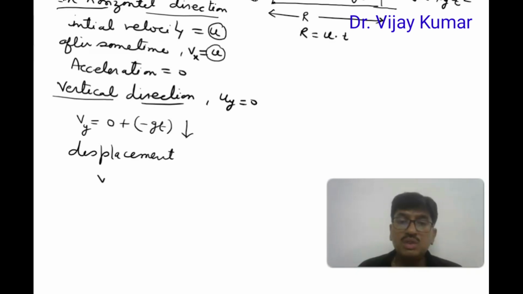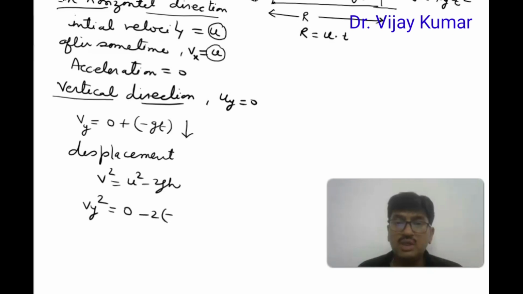it should be v square equal to u square minus 2gh, and if we take vy square, it is 0. So 0 minus 2, it should be minus g, and minus h, or we can write 2gh. And vy should be under root 2gh.